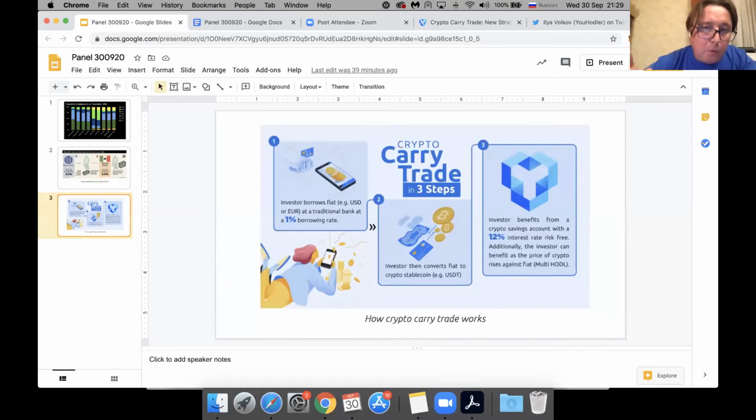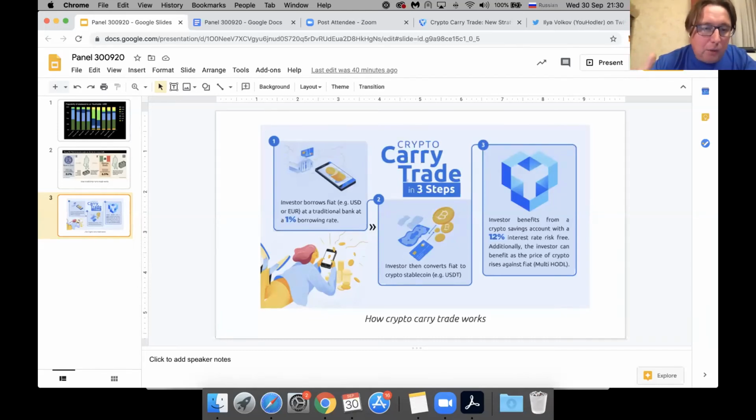And I think now the strategy works well with crypto, with stable coins. For example, a user can take his or her cheap fiat, or even borrow cheap fiat from a traditional bank, at a borrowing rate as low as 1%, convert it to stable coin, and use the stable coin in many different ways. For example, a user can lend these stable coins to exchanges.